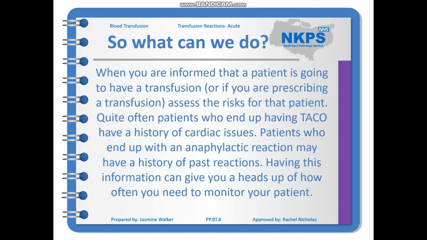Quite often, for example, patients who end up having TACO as a transfusion reaction have a history of cardiac issues, or another one would be patients who have anaphylactic reactions may have had a history of past reactions. If you are checking back and looking at what the patient's condition is, you're going to be able to more easily assess how at risk that patient is and how many checks you should do to make sure that they are stable and that everything is going the correct way.